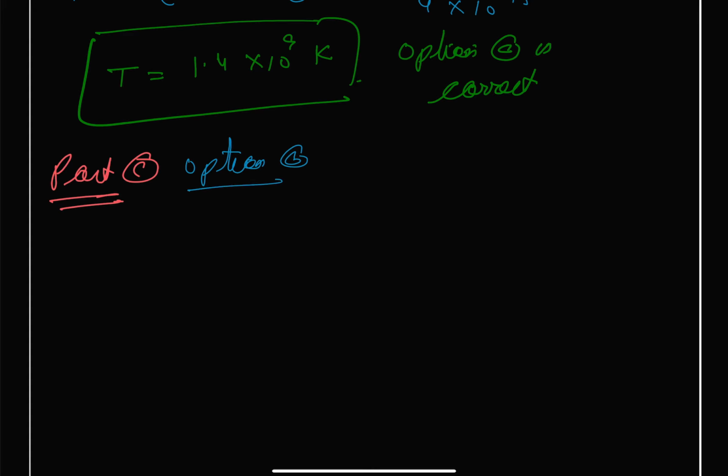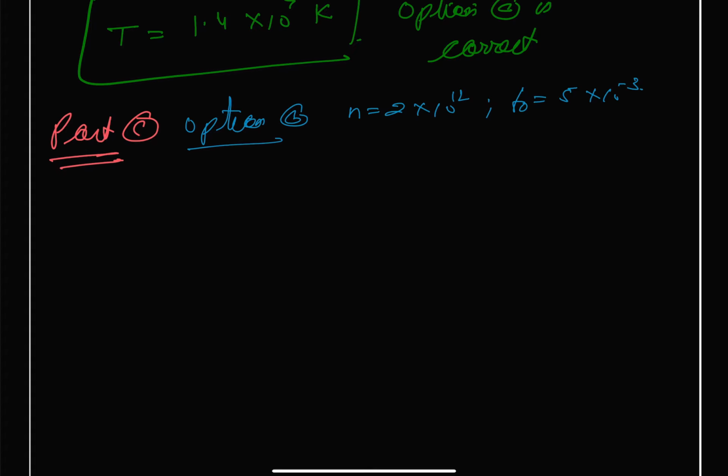Option A gives us that the value of n is 2 × 10^12, and we have τ as 5 × 10^-3. So from here we can find our Lawson number, which is n times τ. This comes as 1 × 10^10.